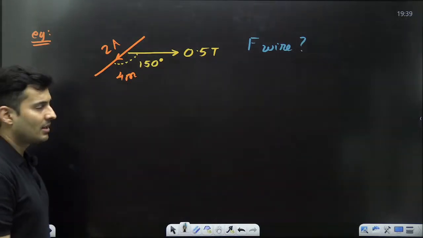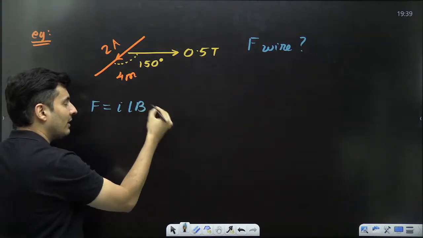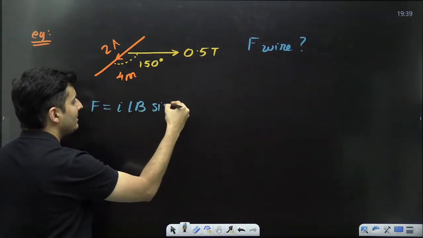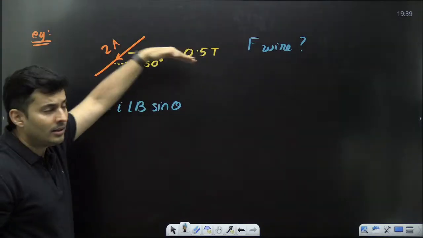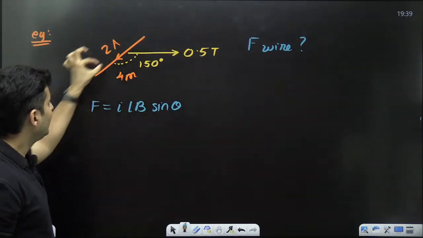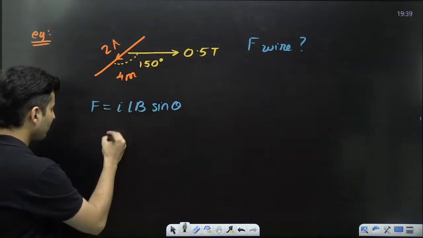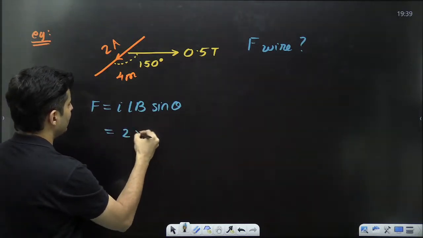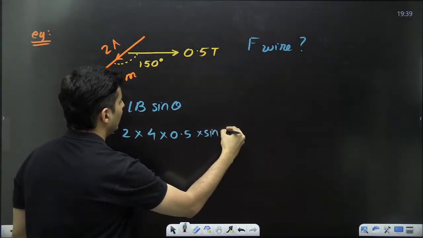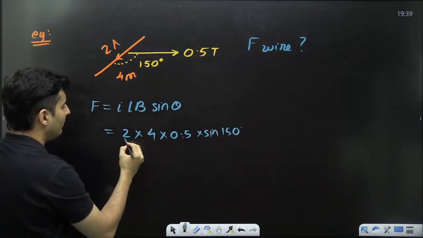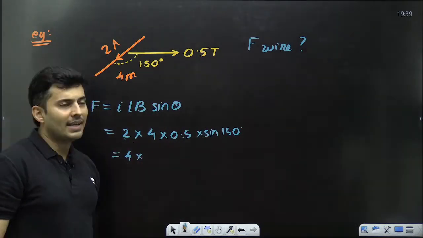Okay. First, I will apply the formula. Force is basically IL cross B, but when I do the magnitude part, it will be basically just sine theta. What is this theta? Angle between the length and the magnetic field. Length is like this, magnetic field is like this. The angle has been already marked for me. Current is 2 amperes, length 4 meters, magnetic field 0.5, sine theta, that means sine 150. 0.5 into 2 is 1. So basically only 4 is remaining. What do I do with sine 150?